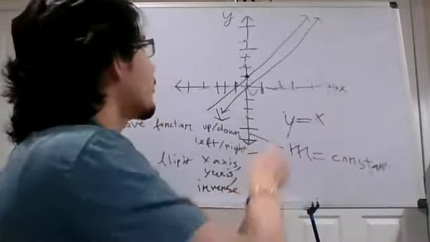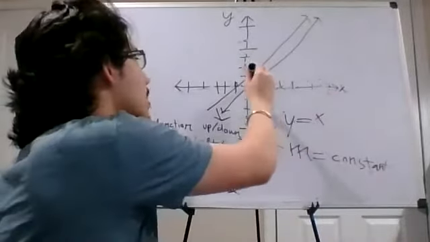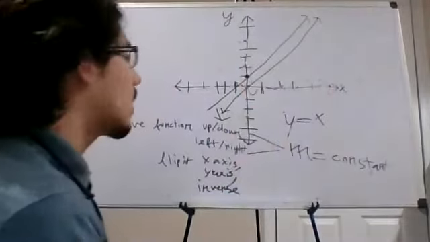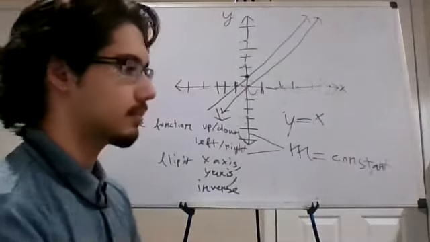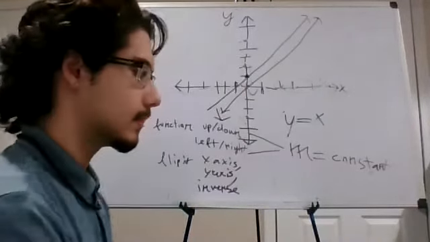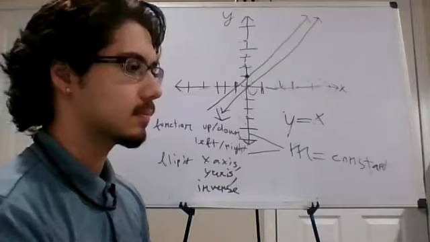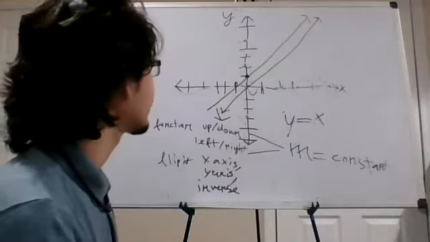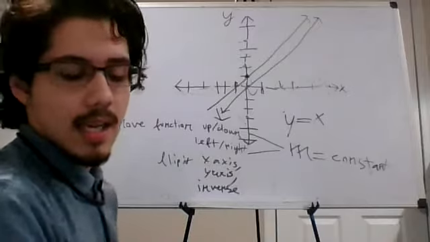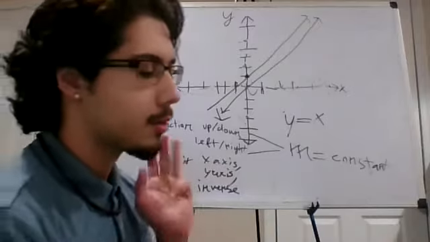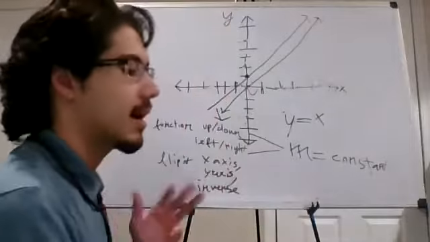So if we were to move y equals x up 1, what do we know about it? Mrs. Tihani, what are 3 critical pieces of information about a line?